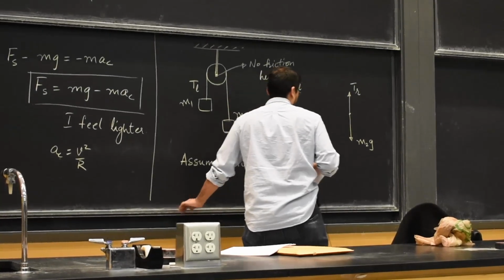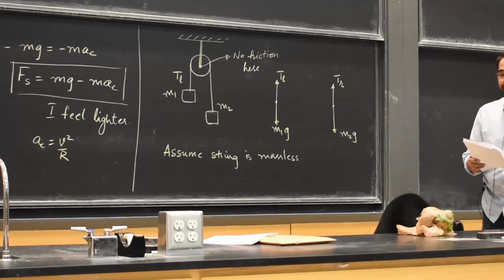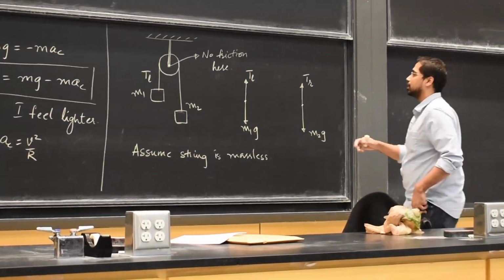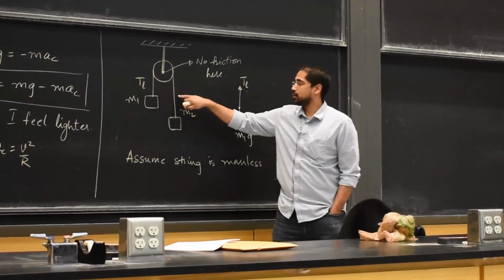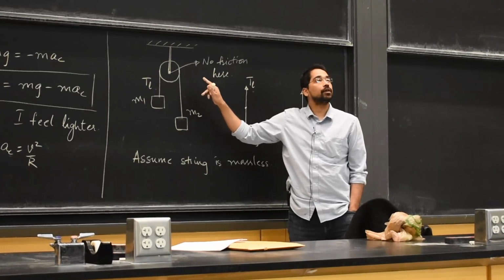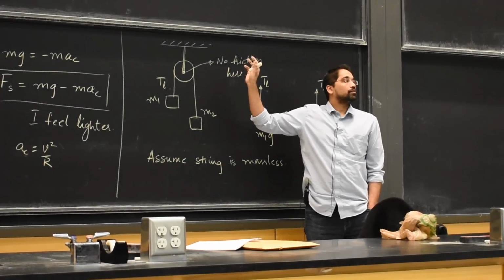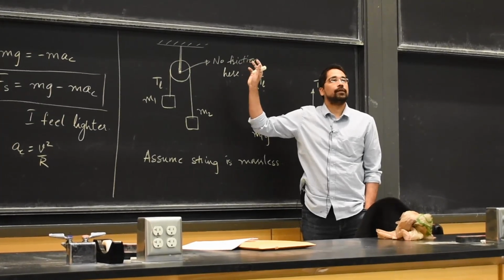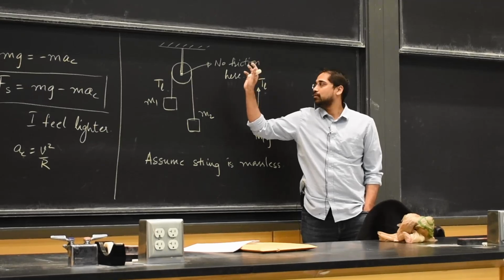So what happens if I assume it's massless? Is there any reason for me to imagine that the tension on this part of the string and this part of the string, is there any reason for me to assume that they will be the same at all? Who says yes? Well, who says no?